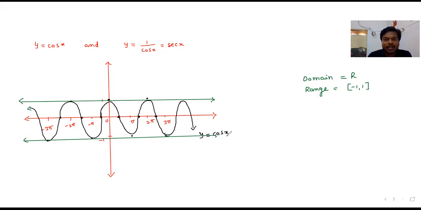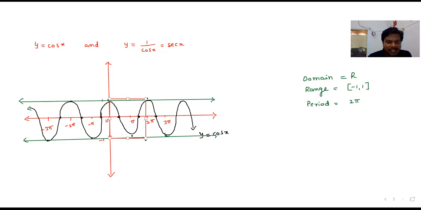So range over. Next, it is a periodic function whose period is clearly 2 pi. Observe the graph which is in the principal domain, and not in the principal domain.